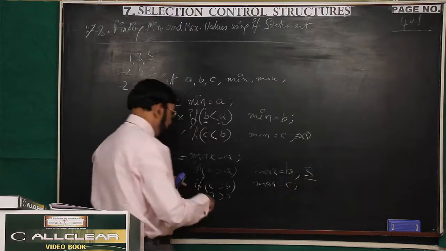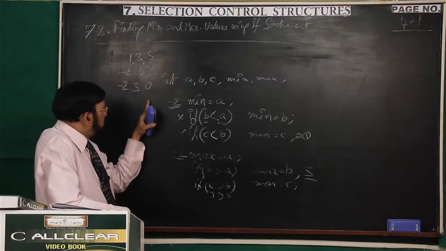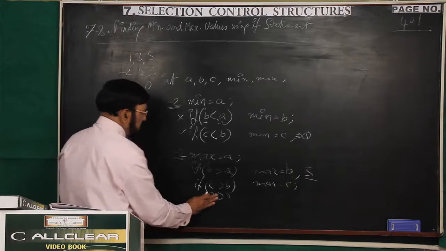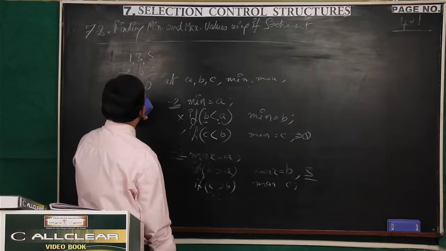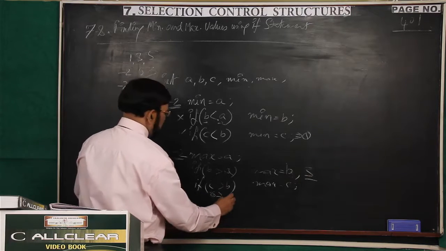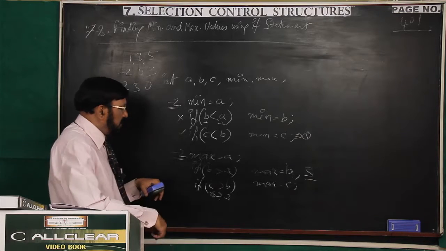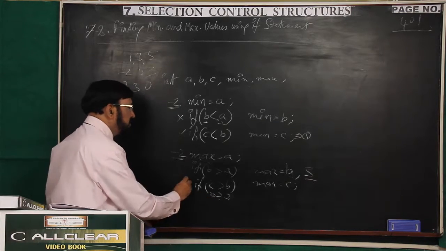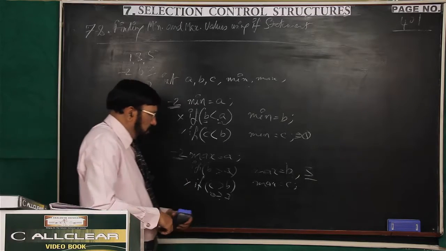Is 0 greater than 3? Then this is wrong. This is ignored.